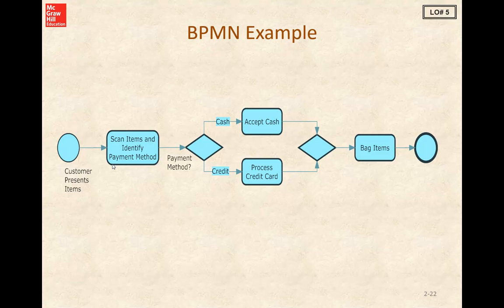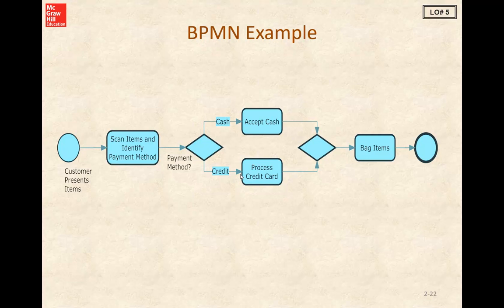Our employee is going to scan the item and identify the method of payment, which brings us to a decision depicted here by a diamond. Is the customer going to use cash or credit? So here now we're branching off to cash or credit.